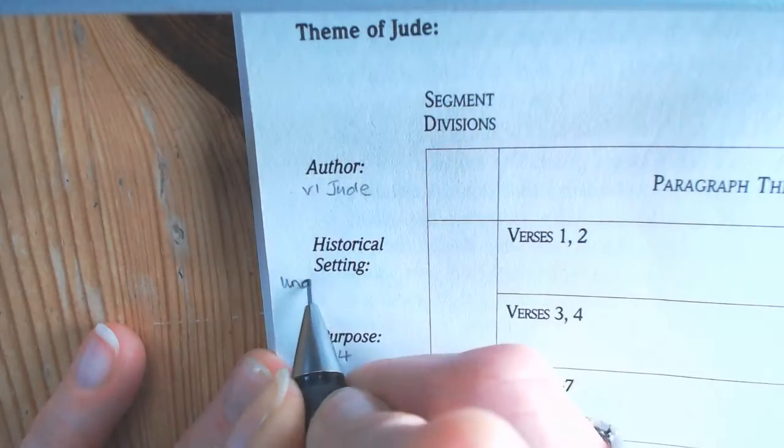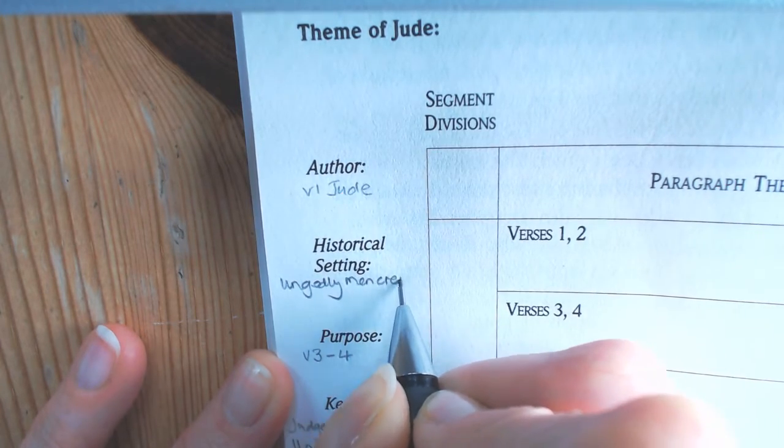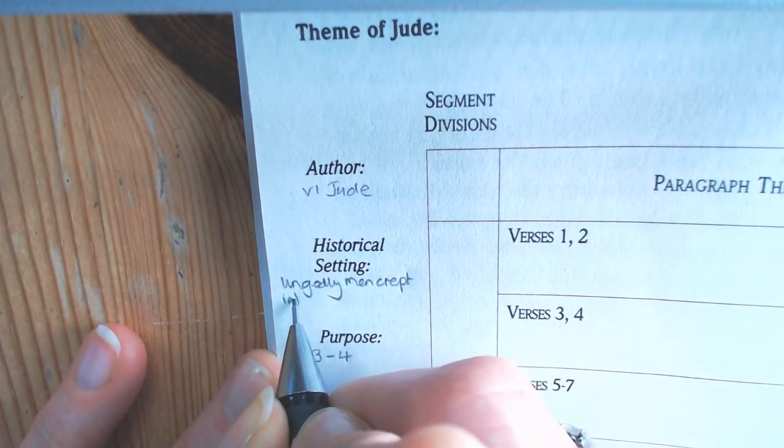So what is the historical setting? The historical setting is that there have been some ungodly men that have crept into their meetings unnoticed. So I think that's probably a really good summary of what the historical setting is.